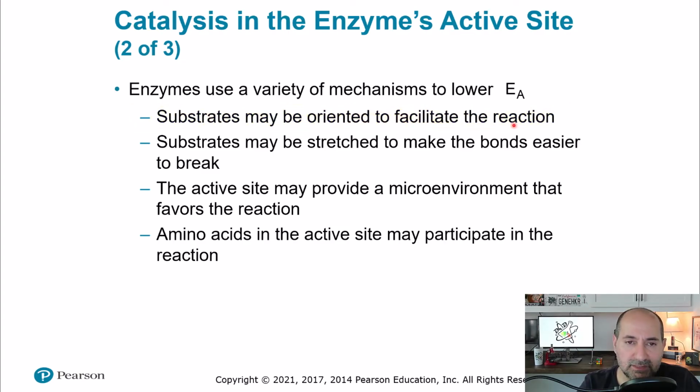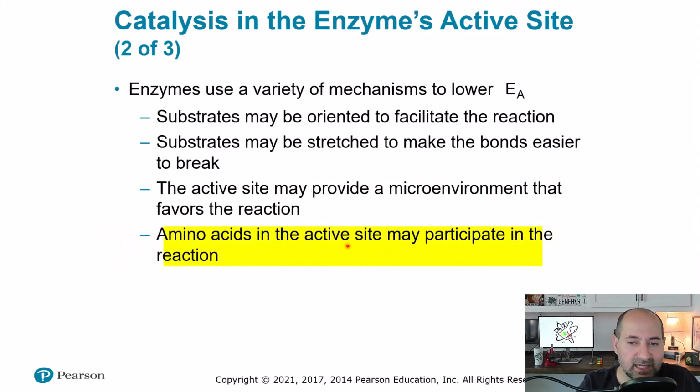So the substrate might be oriented a particular way to facilitate the chemical reaction, the catalysis. The substrates may be stretched to make the bonds easier to break. The active site may provide a microenvironment that favors the reaction, such as an acidic microenvironment or a basic microenvironment.